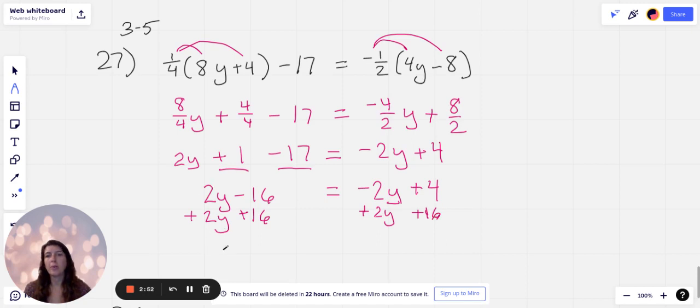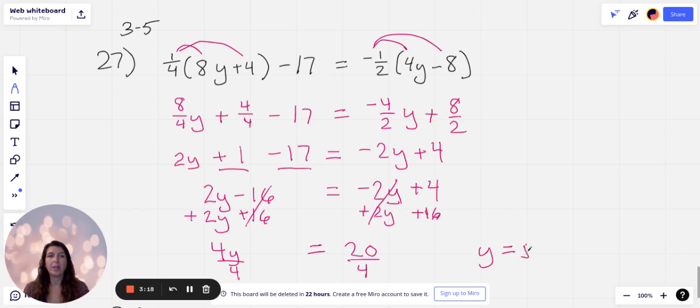Okay, so 2y plus 2y is 4y. This is going to cross out. Equals negative 2y plus 2y crosses out. And then 4 plus 16 is 20. So 4y equals 20. Divide both sides by 4. So I get y equals 20 divided by 4 is 5.